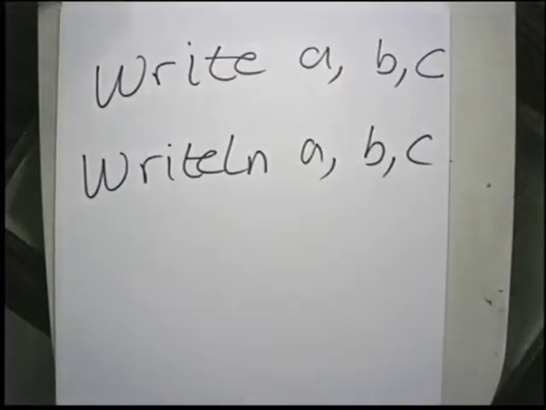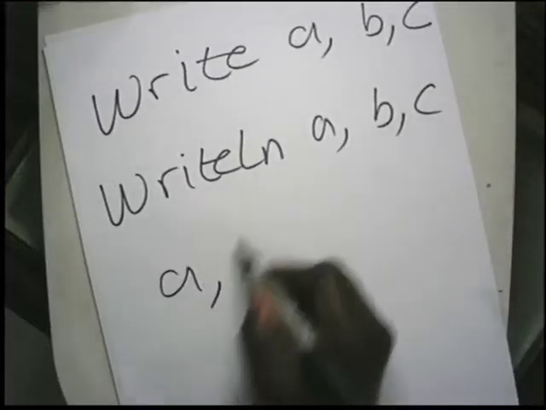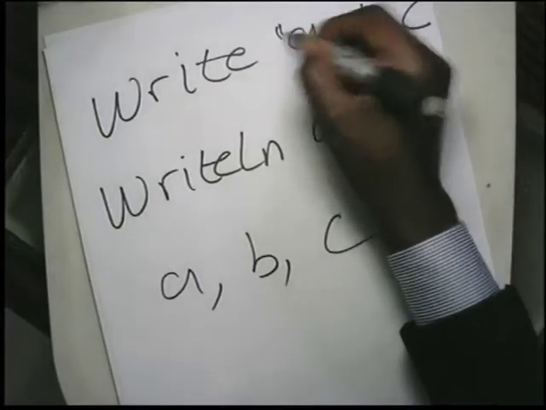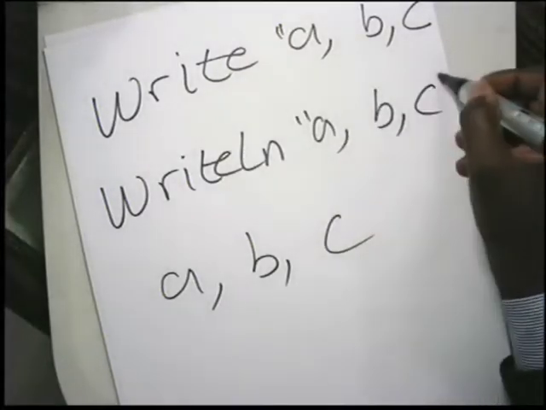The first one, the computer is going to write your answer in a horizontal way. So when the computer writes the first answer, it's going to write like this, A, B, C. Do you understand that now?